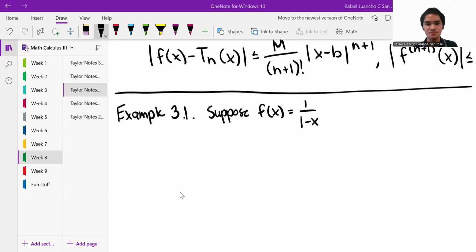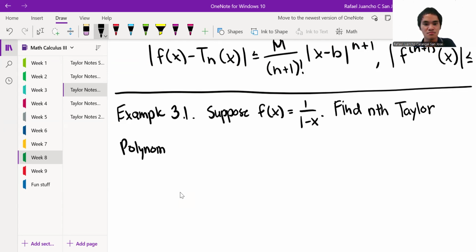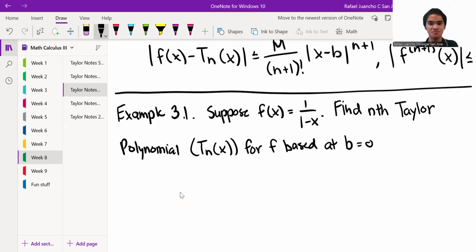Okay. We're being asked to find, not the first, not the second, but the nth Taylor polynomial. Or in other words, we call it t sub n of x for f based at b equals 0.